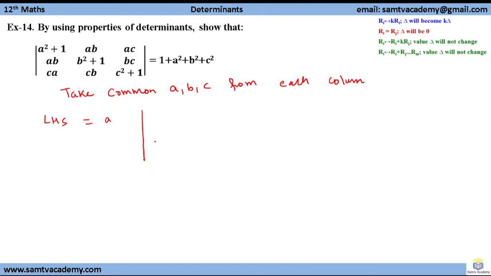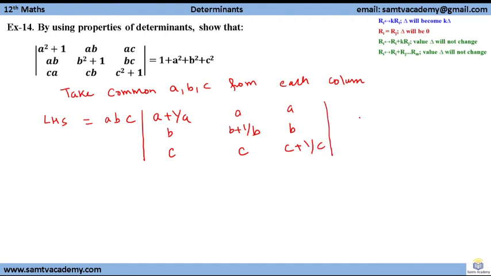We are taking a from this column, so we are left with a plus 1 upon a. This is b and this is c. Now we are taking b from this one, so we are left with a, b plus 1 upon b, and this one c. And we will take c common from the third column, so it will be left with a, b and c plus 1 upon c.